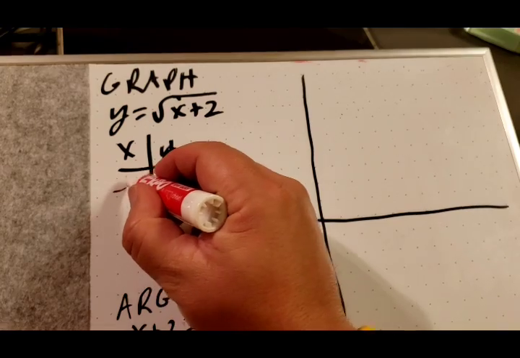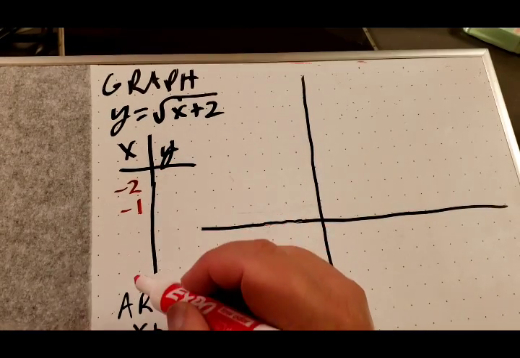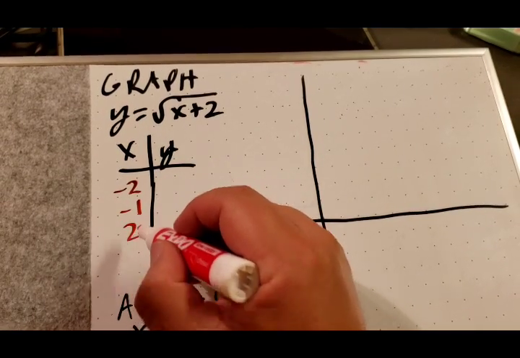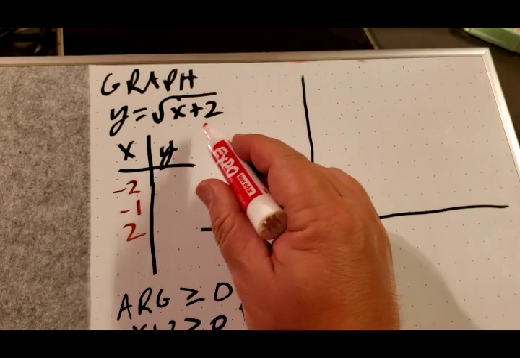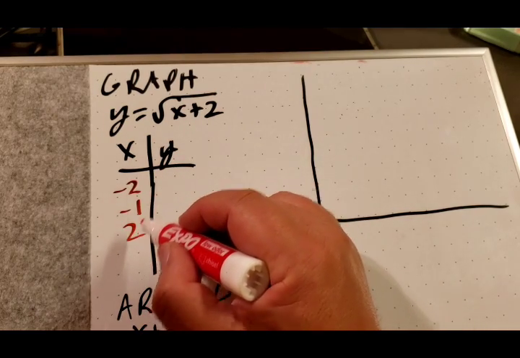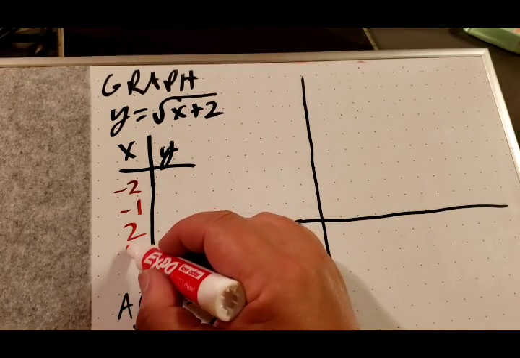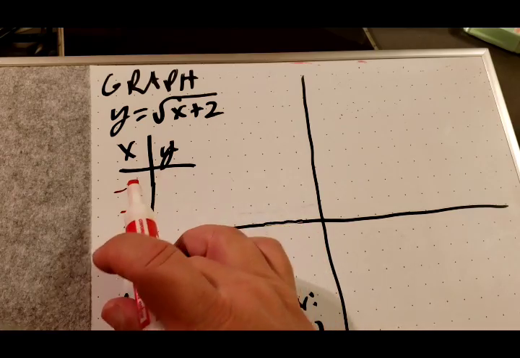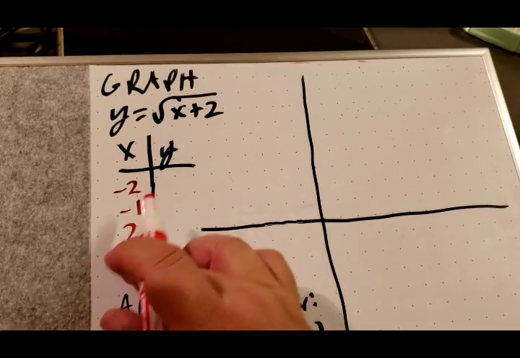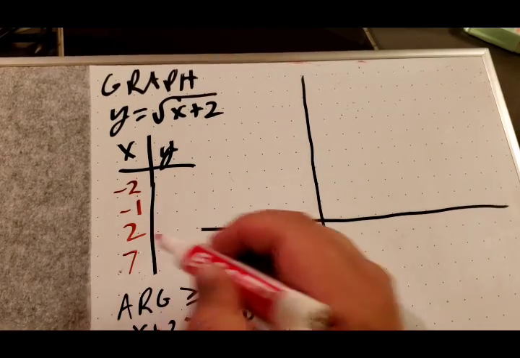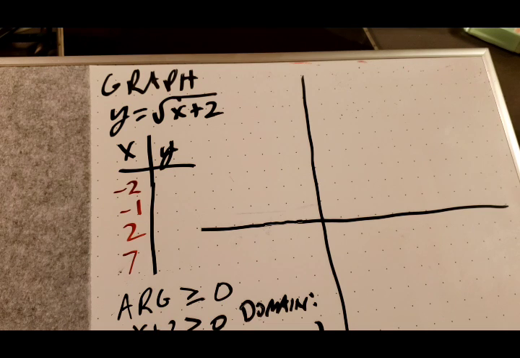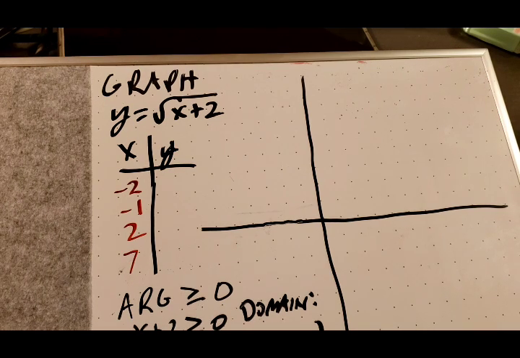I'm going to pick -2, -1, 2, and let's see, I want that to be 9 and 5. No, 7. I couldn't see what I was writing, but that's not a good excuse. All right, I picked those values.